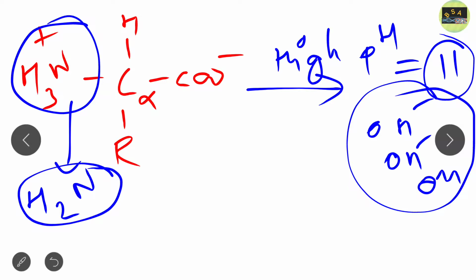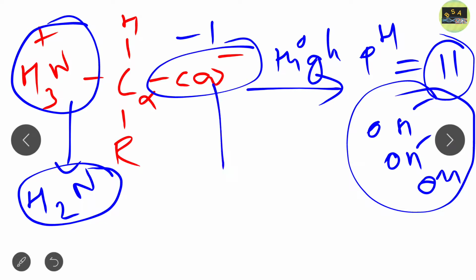So in this case the overall charge on the molecule becomes what? -1. That is negative. Only this charge remains. So the overall charge on this molecule becomes -1.